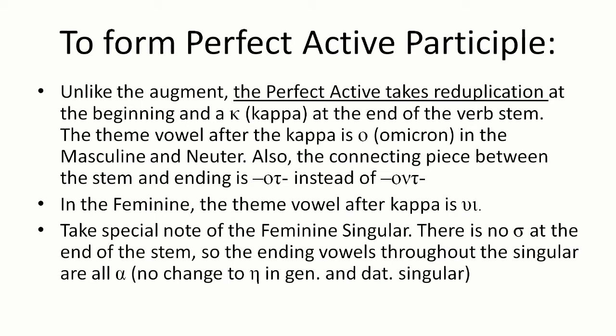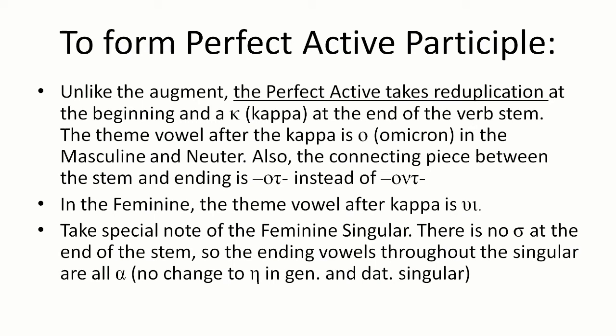In the feminine, the theme vowel after the kappa is upsilon iota. Take note of the feminine singular. For some reason, this is the weird one. There is no sigma at the end of the stem in the feminine singular, so the ending vowels throughout the entire singular are all going to be alpha. There is no change in the genitive and dative singular from the alpha to the eta.